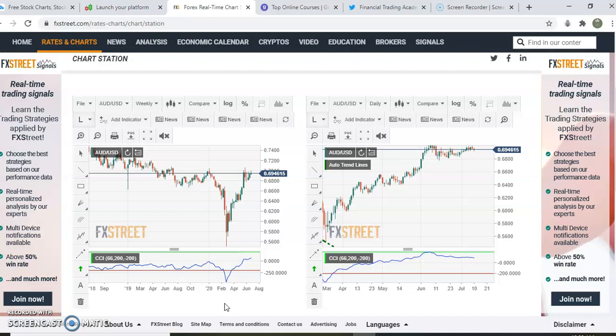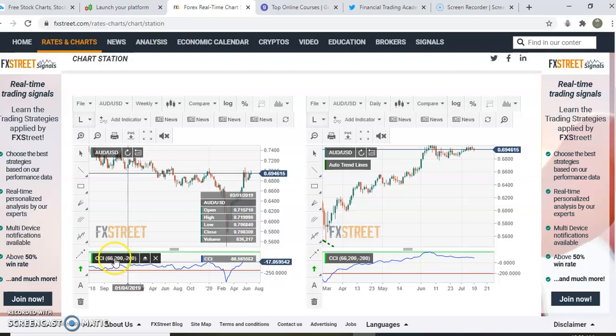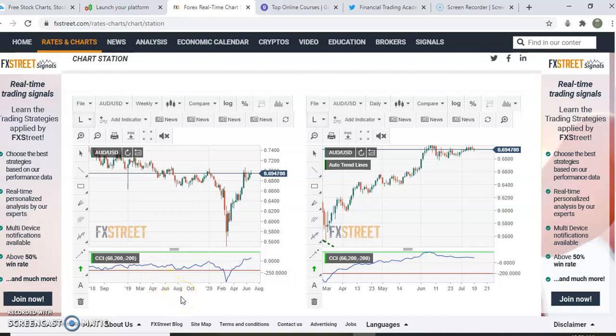The reason why I'm not using the 14 or the 21 period is because I want to get rid of the noise. Also, rather than using 100 and minus 100 as the two default thresholds, I prefer using 200 and minus 200 since I want to visualize more extreme data.